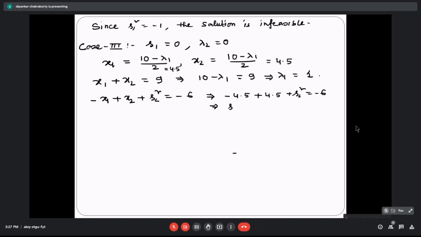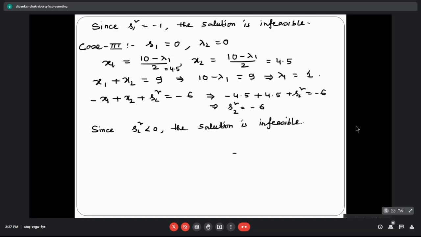So s2 square is equal to minus 6. Okay, so again this solution is not feasible because s2 square is coming as negative. Since s2 square is less than 0, the solution is infeasible.